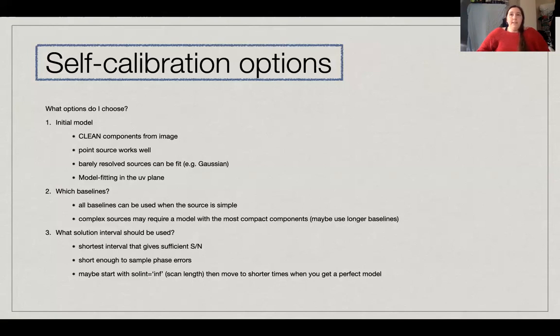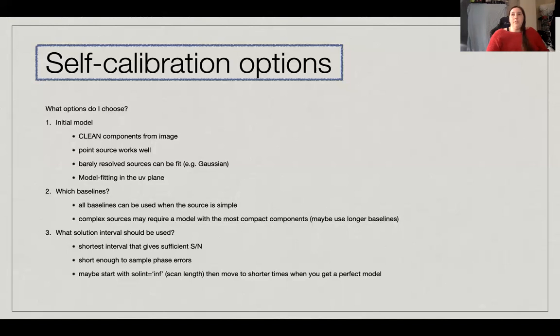Often the easiest is to use the model from your image, which is the process we discussed. You have some baseline options as well. If you have a simple source that maybe isn't resolved, you can use all baselines. When you start to get more complex structures, it might be necessary to use the longer baselines.